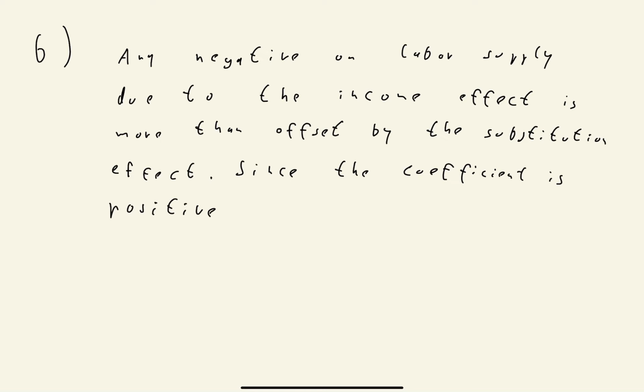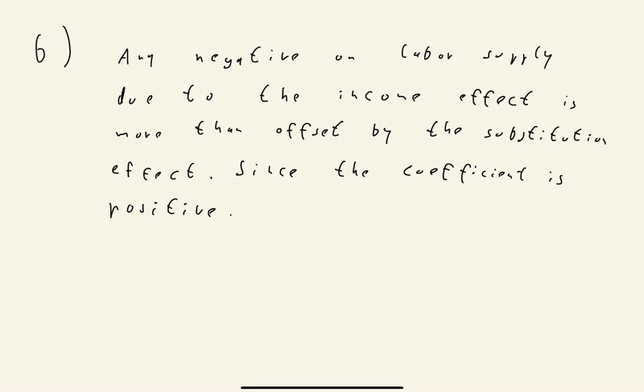All that we can say is that the total effect is positive. So the negative effect due to an income effect is more than offset by the substitution effect, because labor supply is actually increasing if we increase the after-tax wage.